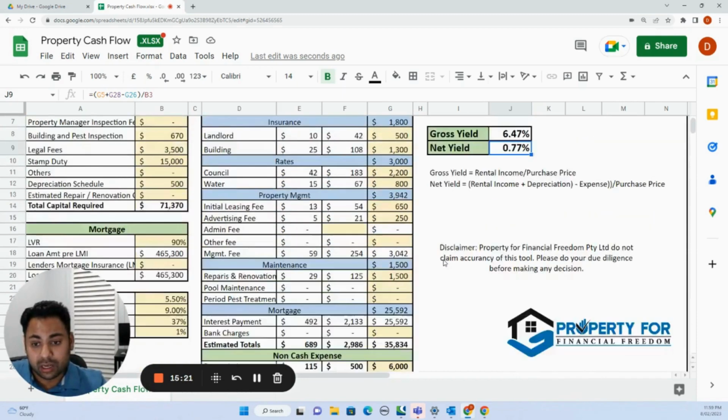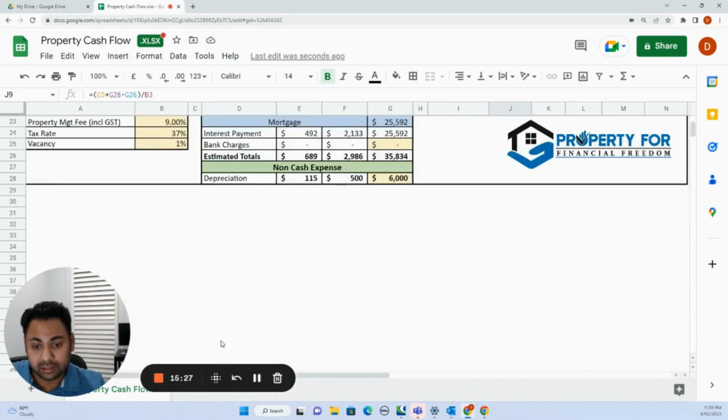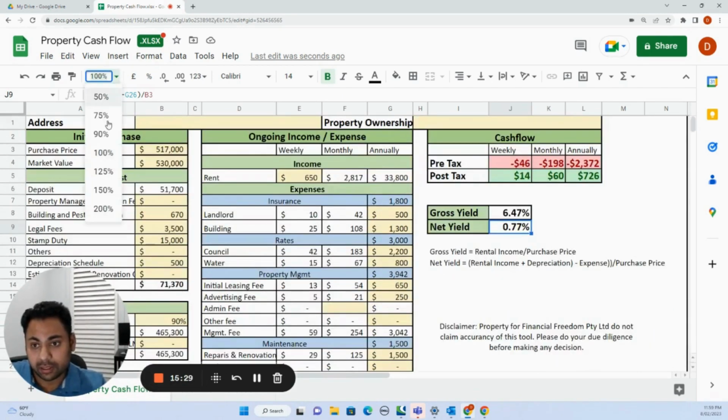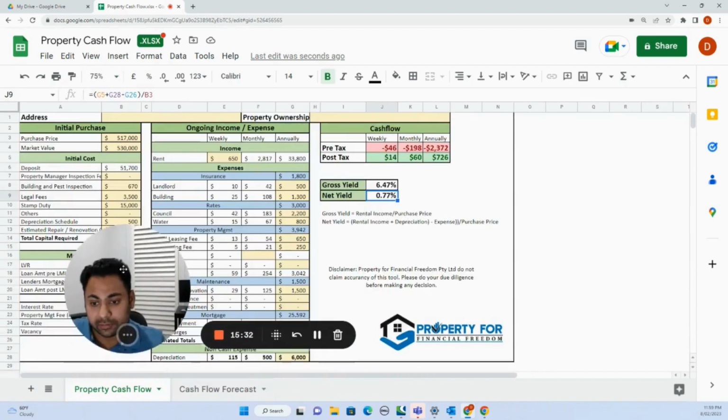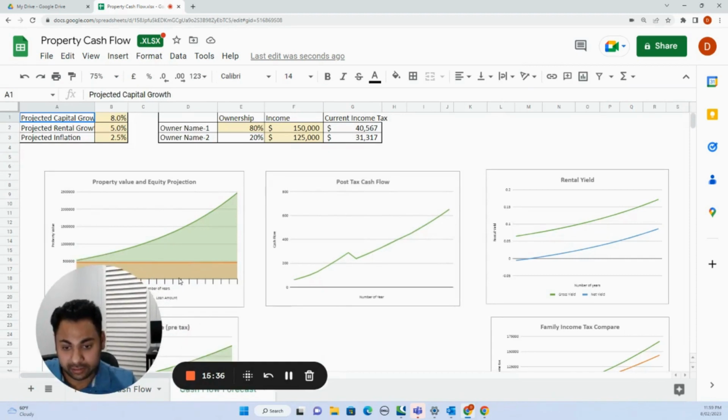So the next part, we are still working on that, but I can explain a little bit on that part as well. This is the cash flow analysis forecast. What we do here is look at what the projected capital growth of your property is.